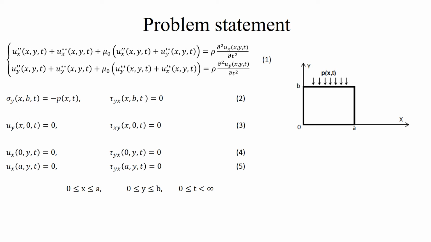Our domain has a load on the upper face, it is equation 2. The lower base has a condition of ideal contact, it is equation 3. The right side has the condition of ideal contact, it is equation 4. The left side also has a condition of ideal contact, it is equation 5.